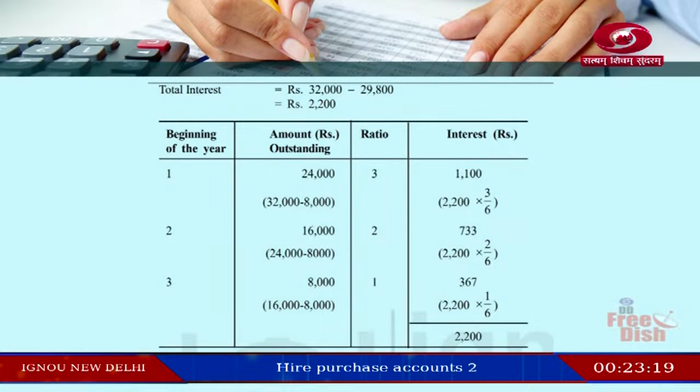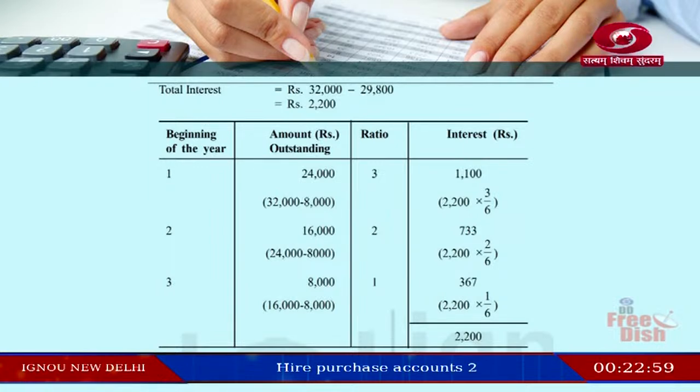So it is 733. It shows that rupees 733 is included in the second year annual installment of rupees 8,000.